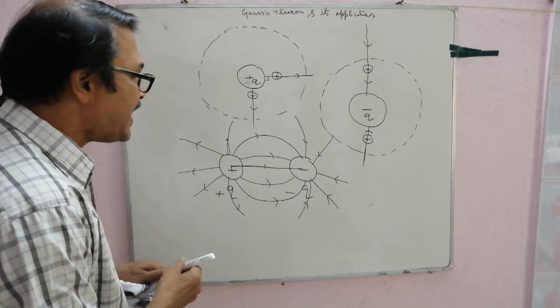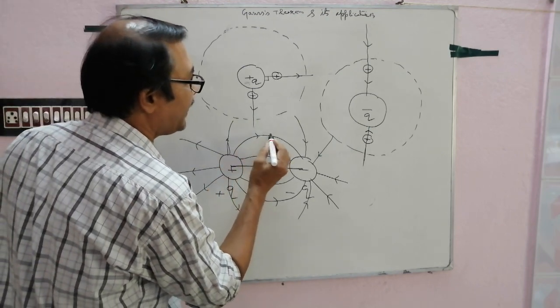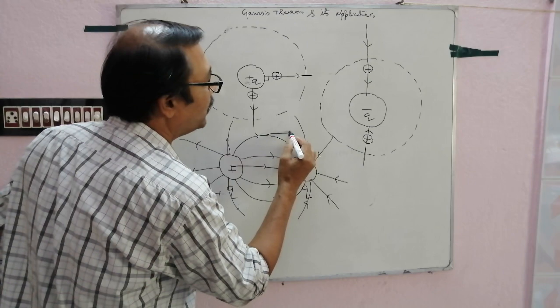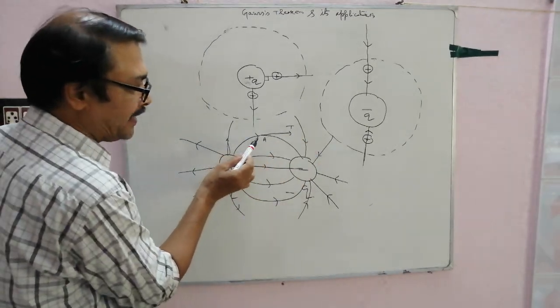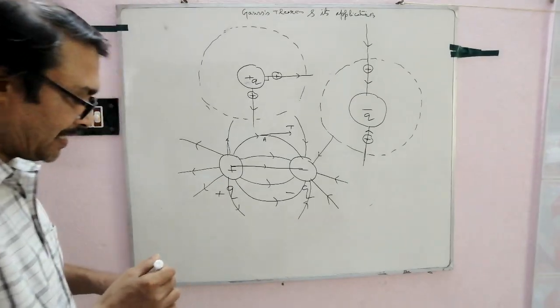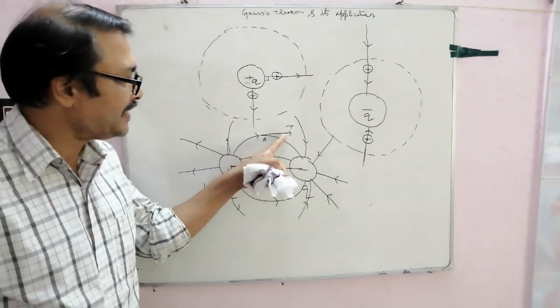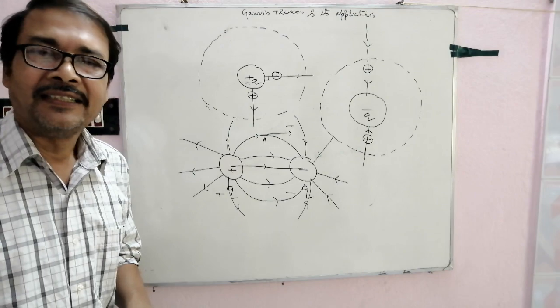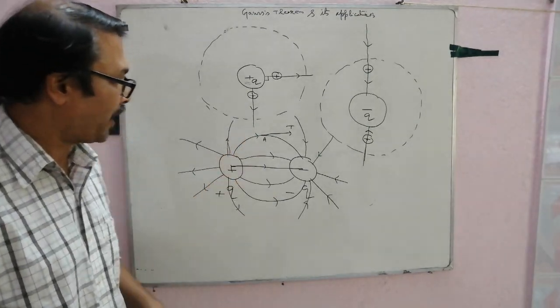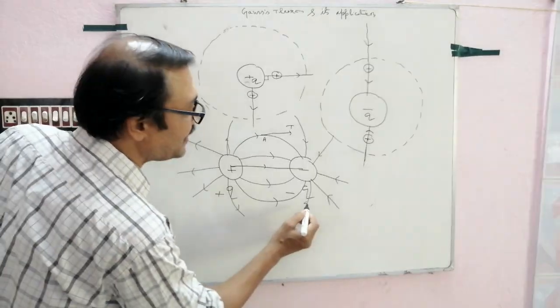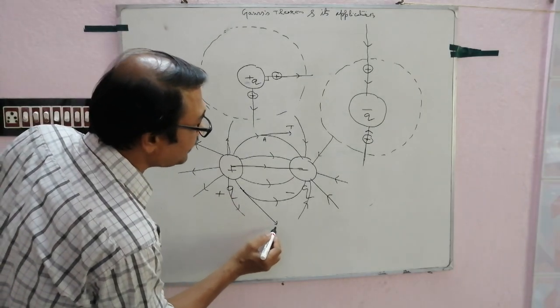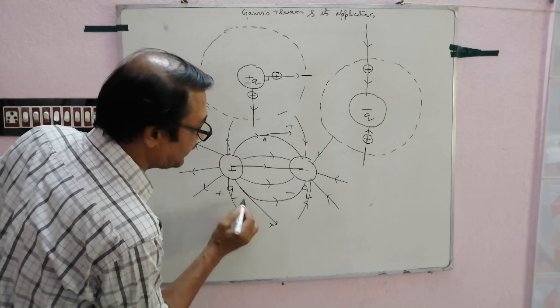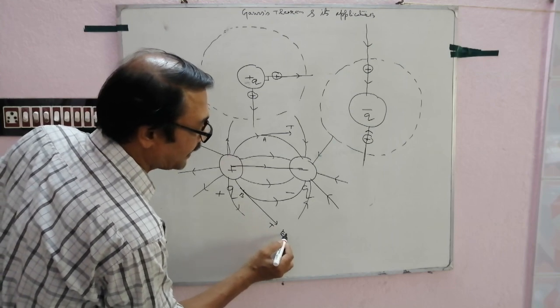If we draw a tangent at any point on the electric field line, follow, this is a tangent AT, this tangent indicates the electric field at that point. If we draw a tangent here, this tangent BT also indicates the electric field.